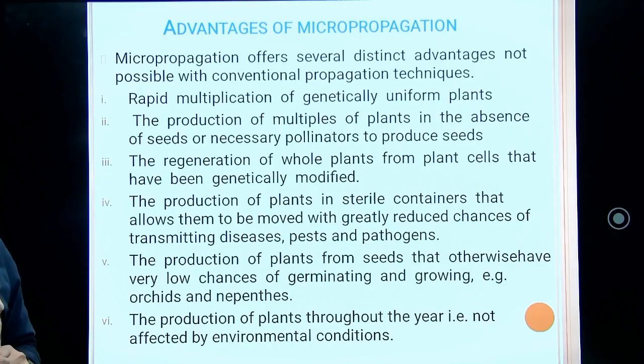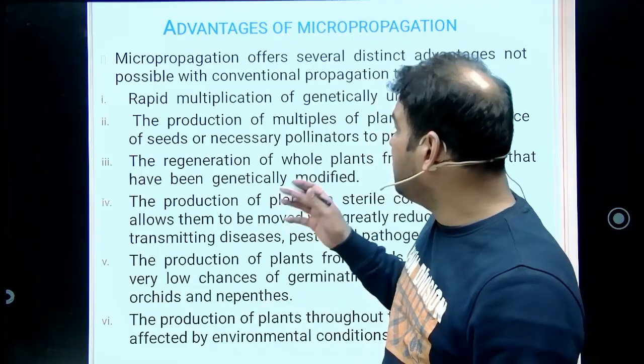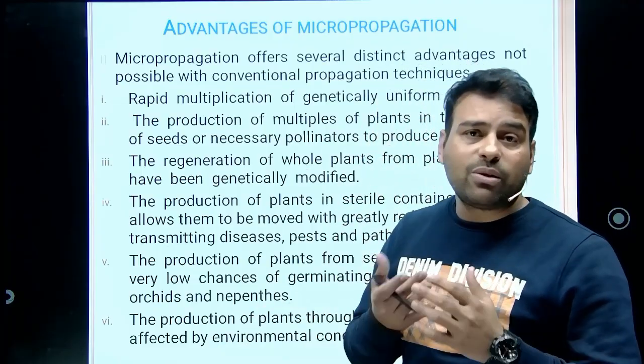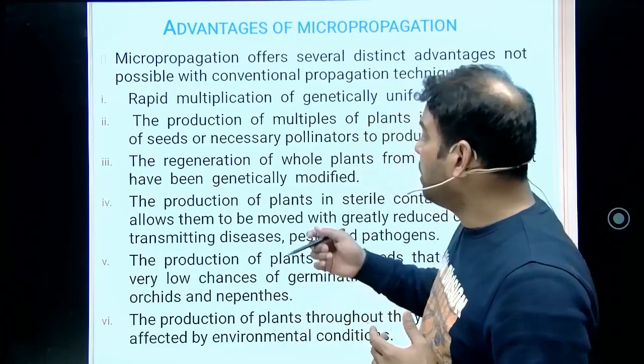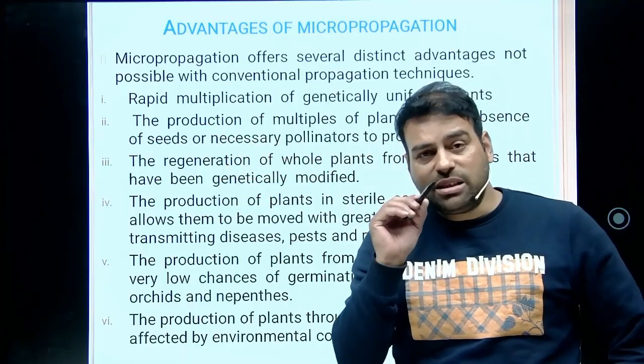Advantages of micropropagation. In the previous slide we discussed the applications. Now these are the advantages of why we are using this method over the traditional method. First is rapid multiplication of genetically uniform plants. This is the most important.